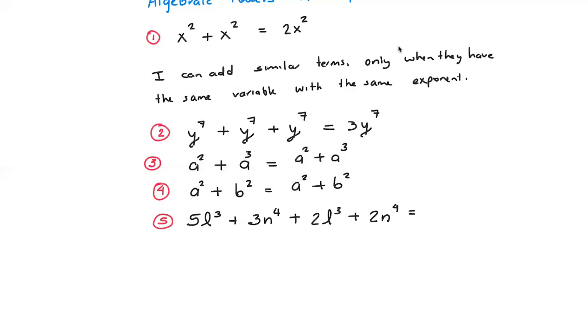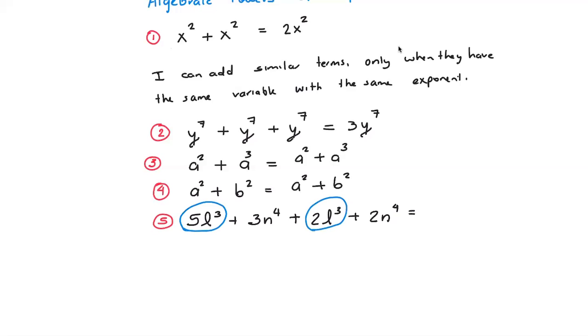What do you think we should do in this case? You add the ones with the same exponent and the same variable. Exactly. You can use a method that is called bubbles to identify which ones are addable to which ones.